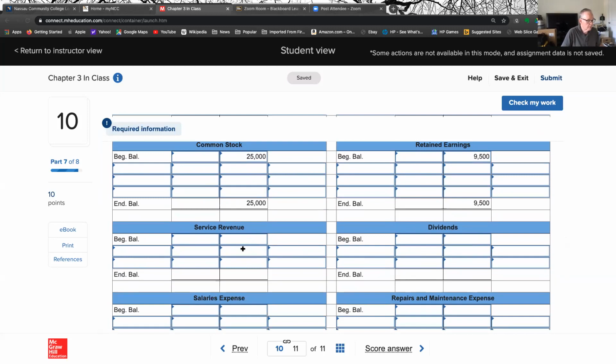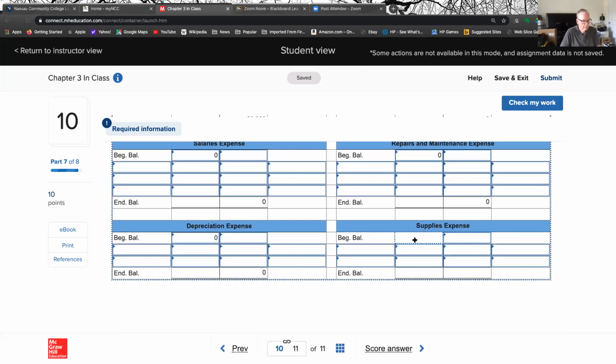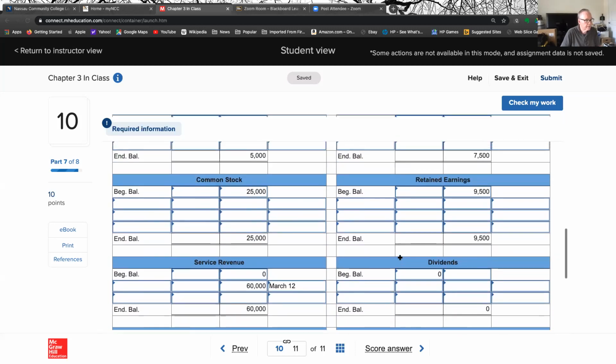See it here? Credit to service. I'm going to put 0 here because again, this is a computer and sometimes they're expecting to see things. Service revenue was 60,000. In fact, let's put zeros in the accounts. Okay. All right.